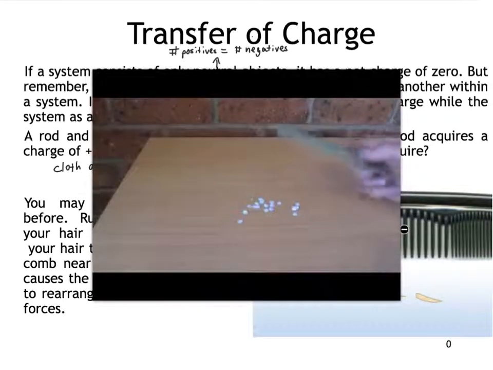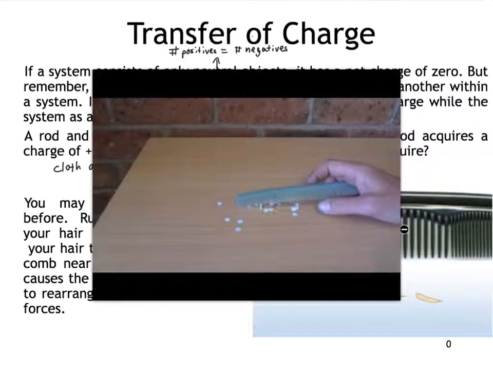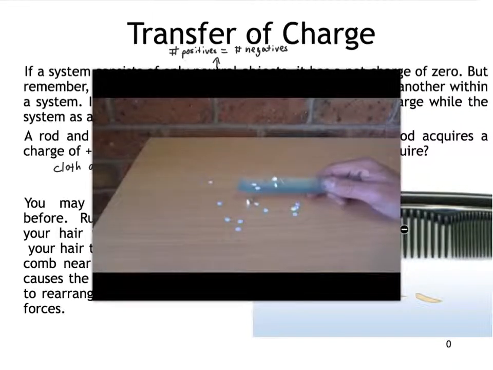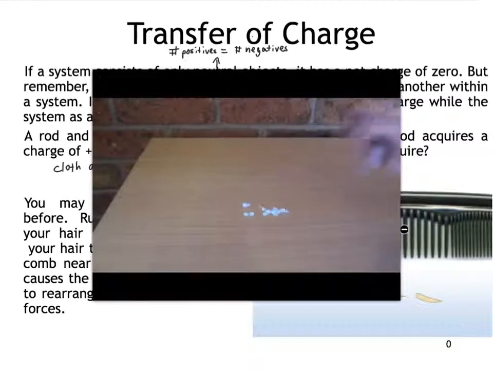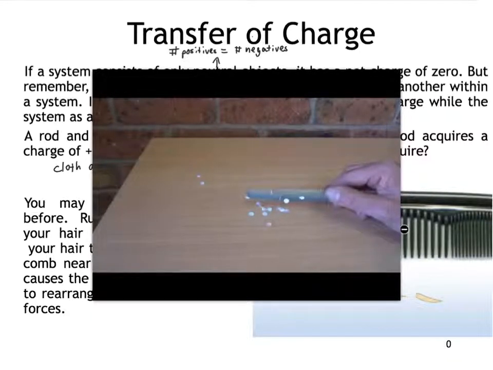Let's see what happens when we put it near the bits of paper. Woohoo! They all start jumping around and attach themselves to the comb. So there we go, the static electricity built up on the comb attracts the bits of paper and they stick to the comb.